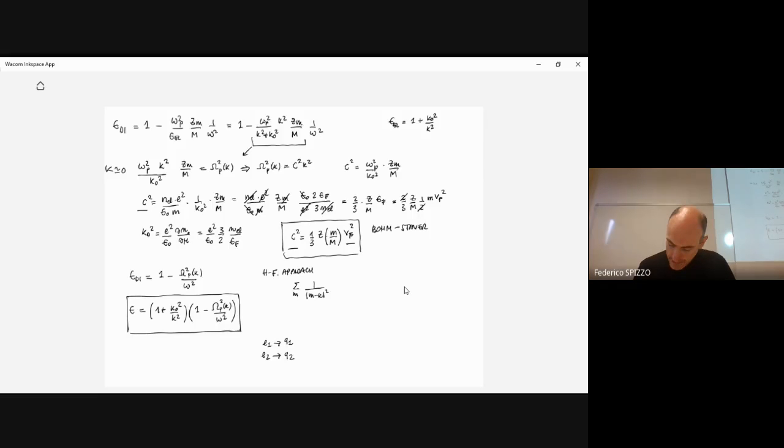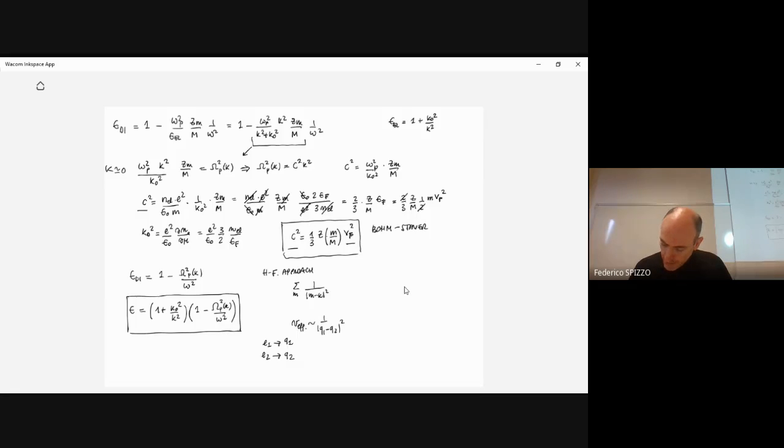I replace, so the Fourier transform of the effective potential will have a term that is 1 divided by (Q1 minus Q2) squared, and this is the pure Coulombian potential.